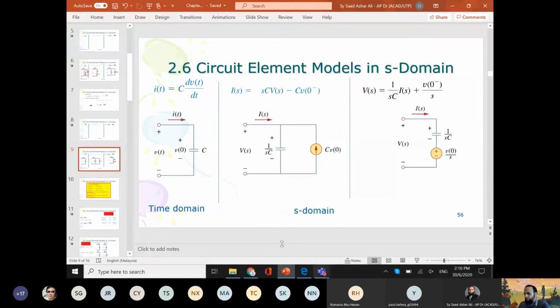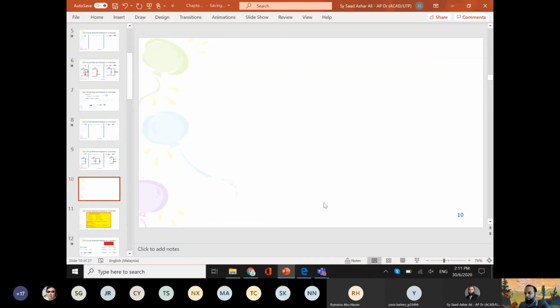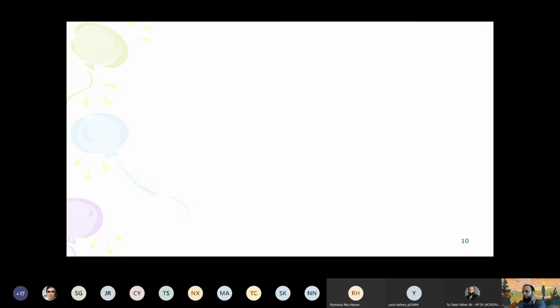Once again, let me open a new sheet. All right. So for this one, let me take one example from my own. Suppose I have this circuit.